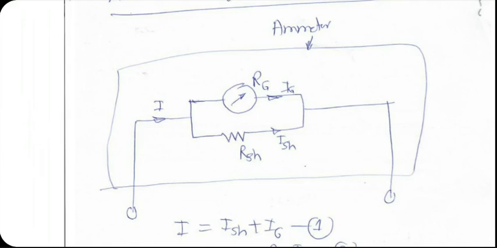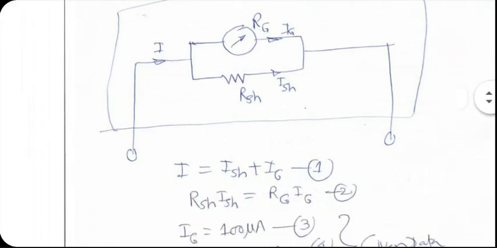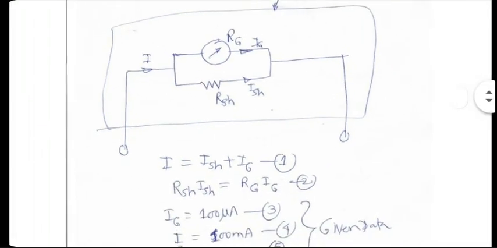You connect a small shunt resistance in parallel with the galvanometer so that a large amount of input current is bypassing the galvanometer. Okay. So the two equations that you would need are shown here. Total I coming in will be the summation of I through the shunt resistor and the I value through the galvanometer.